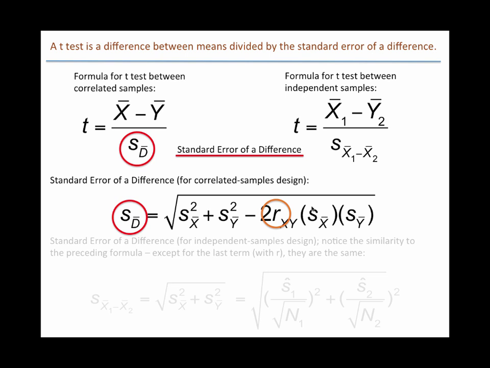And remember that we have already computed that. I want to point that out because that's an important part of the formula. And after all, this is for a correlated samples design. So we have in the denominator the Pearson R because we are very interested in what is the relationship between these two data sets.